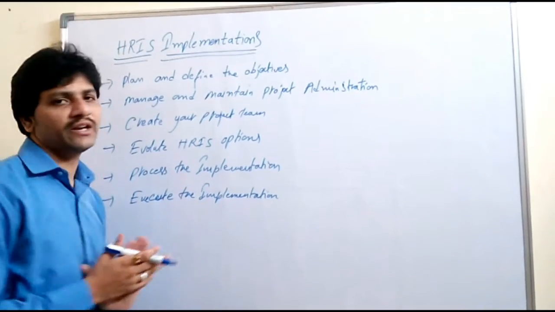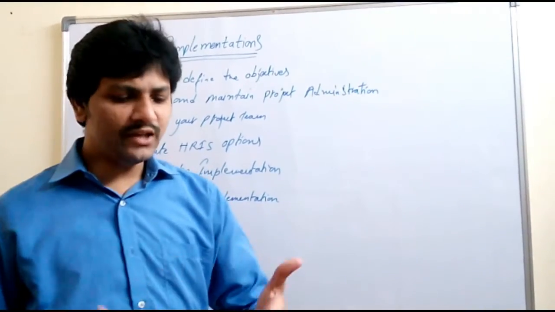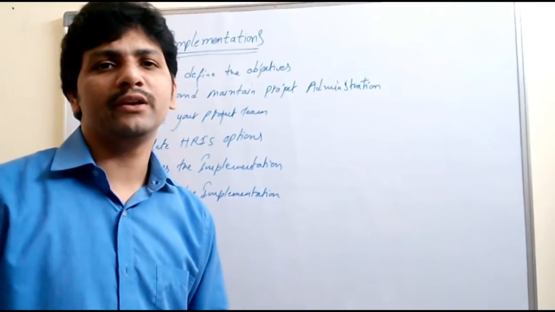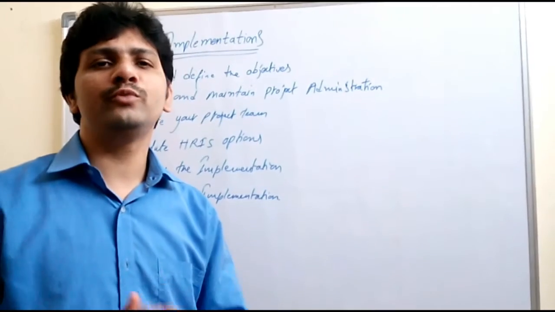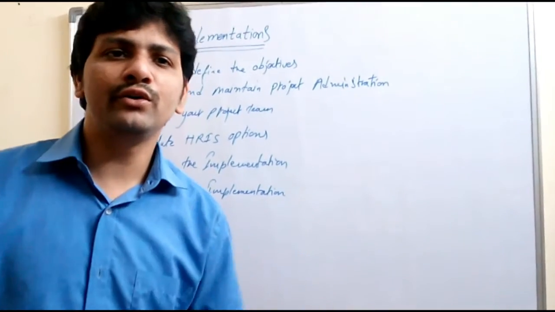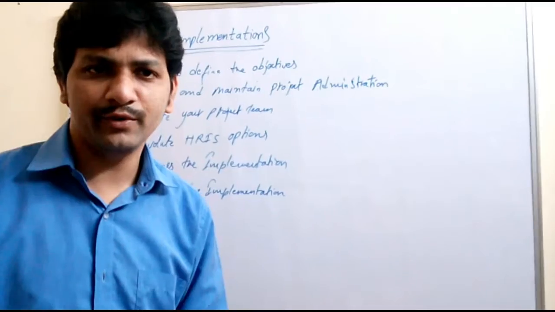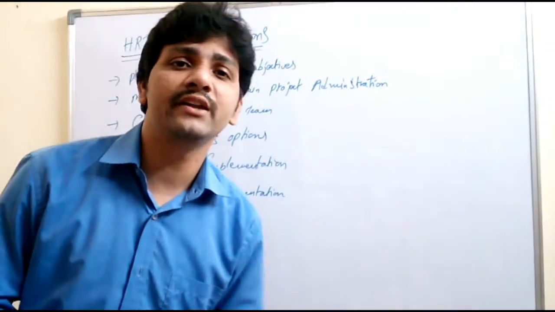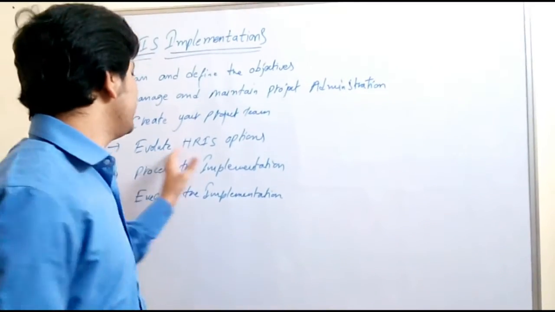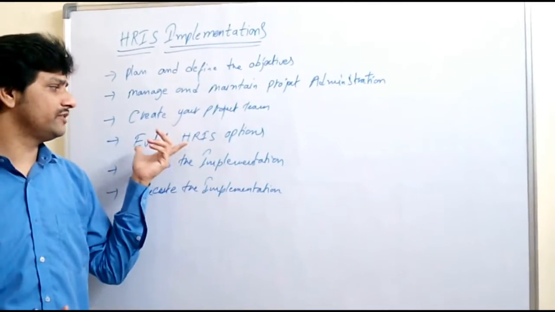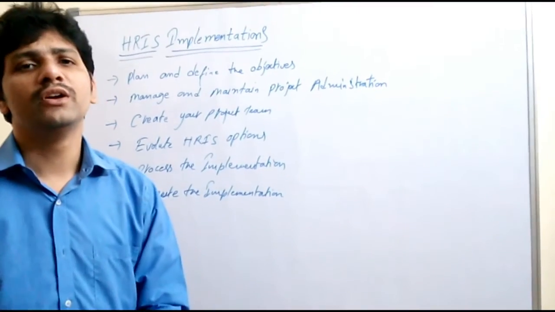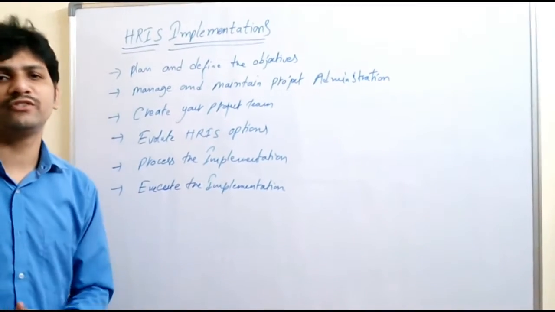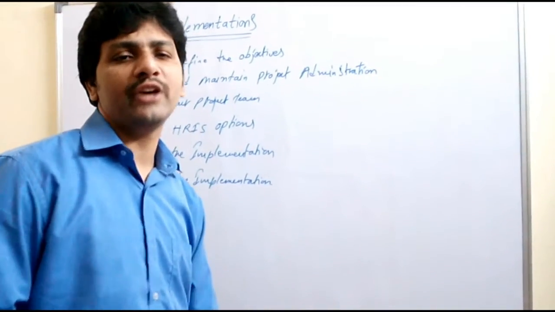Next, evaluate the HRIS options. In the software there are different teams, and you have to give responsibilities to those people. After getting the requirements, a person is assigned the designing plan. That is known as evaluating HRIS options: how to design the entire structure of the information system and what options have to be provided.